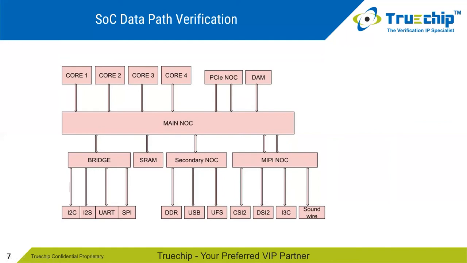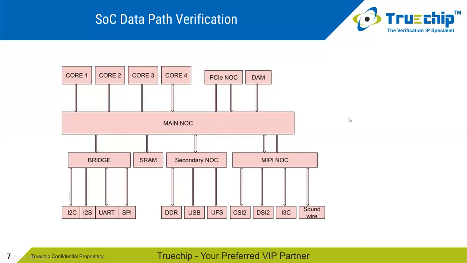If one has to do data path verification for the DDR, they need to check whether a transaction started from, let's say, core 1 with address and data is properly passed through the main NoC and secondary NoC, and reaches the DDR with the expected address and data. For this, one needs to put independent scoreboarding logic, or whatever they need to do manually, across the main NoC, secondary NoC, and many more things.